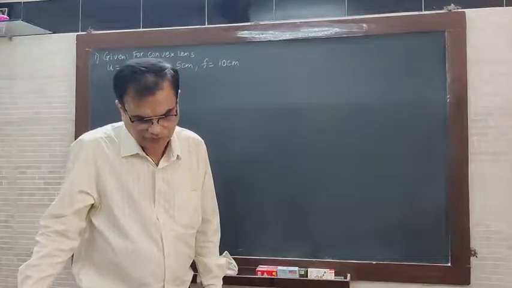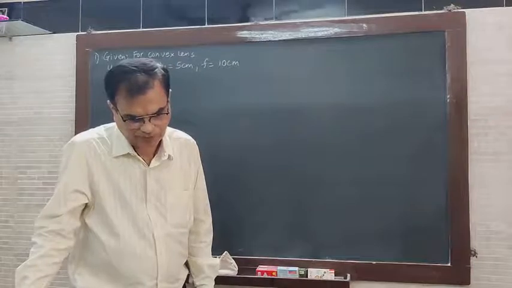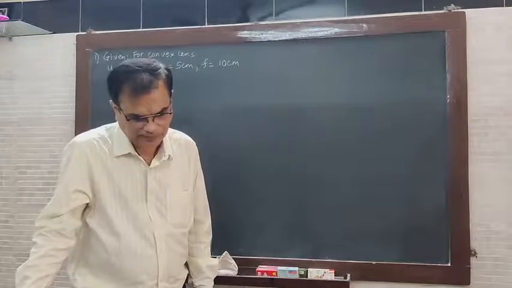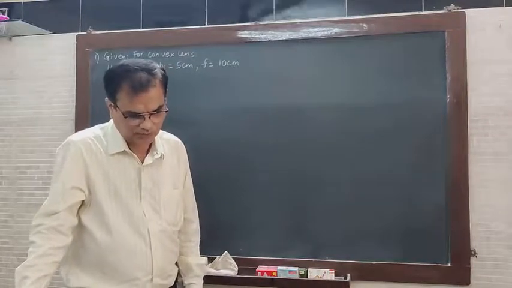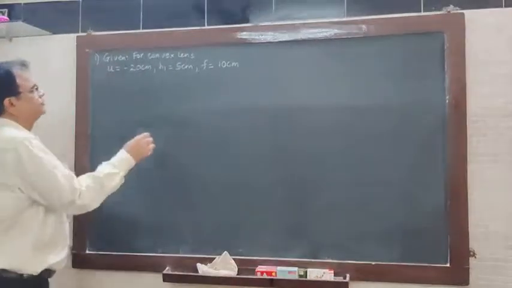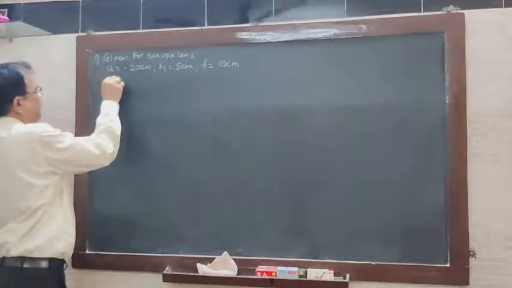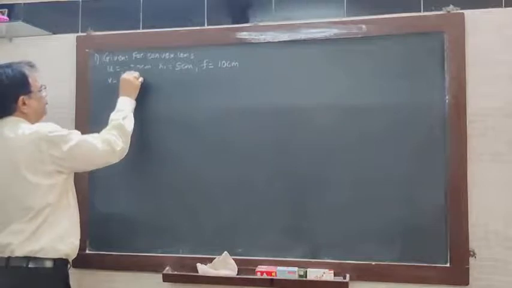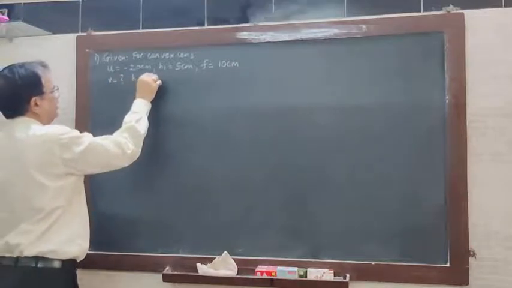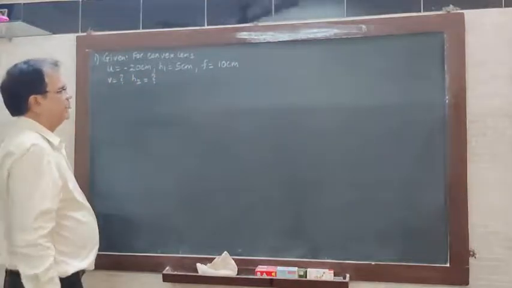What will be the position, size and nature of the image? How much bigger will the image be as compared to that of the object? Okay. So now you have to find out the position of the image and the height of the image, and you have to write the nature of the image.